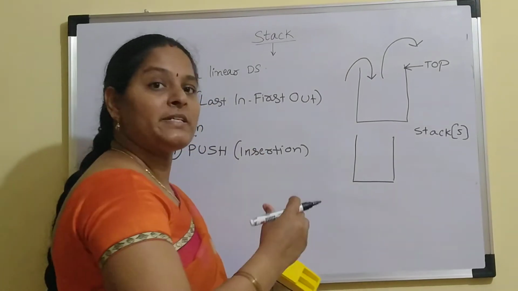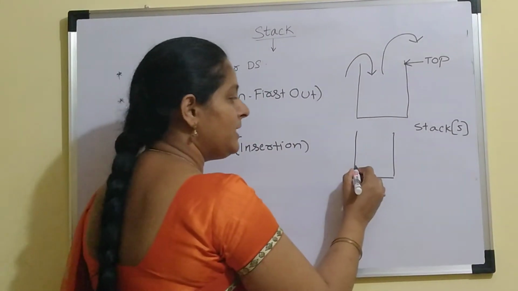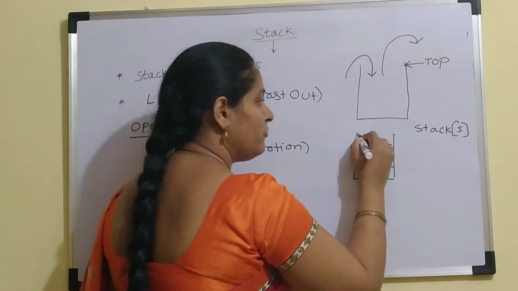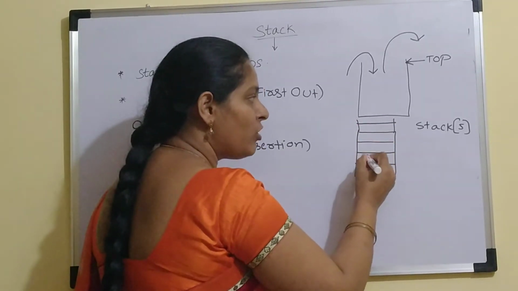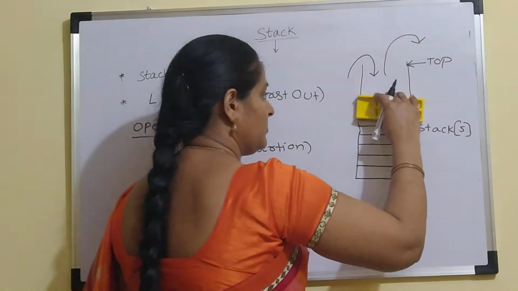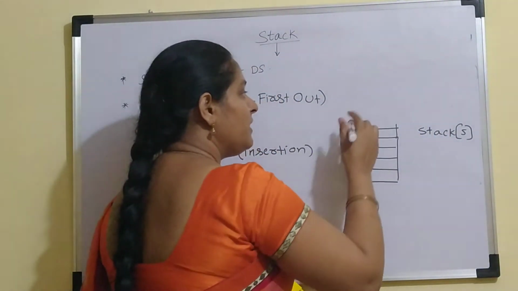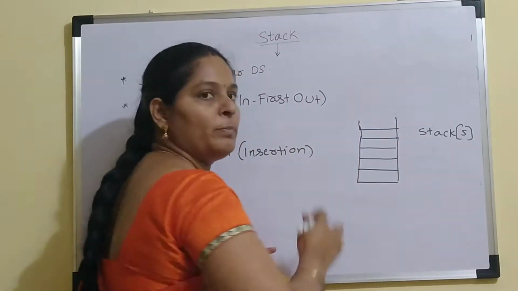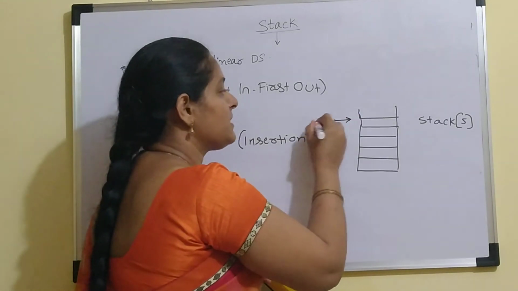So how to represent a 5-element size stack? It looks like this: 1, 2, 3, 4, and this one is 5. There will be 5 blocks in the stack. As I said, for all stacks there will be only one end open for us. That end we call the top of the stack.